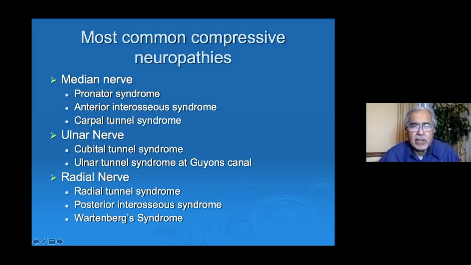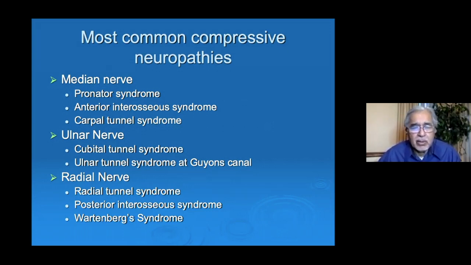Now, just a few common phenomena of compression neuropathies. Basically, in the upper extremity, we discuss the median nerve, ulnar nerve, and radial nerve. In the median nerve, you have three areas which can cause compression neuropathy, namely pronator syndrome, anterior interosseous syndrome, and carpal tunnel syndrome.